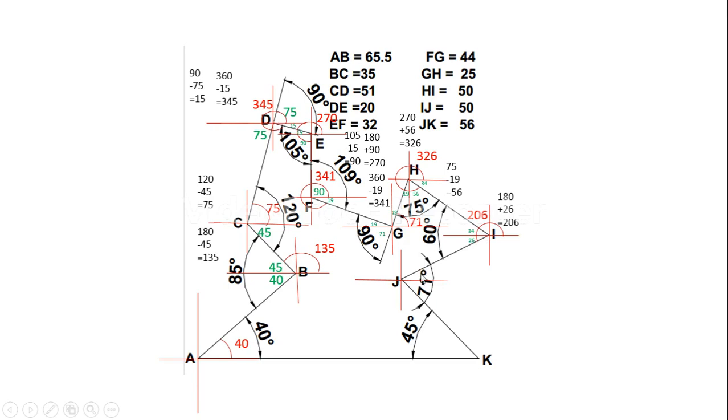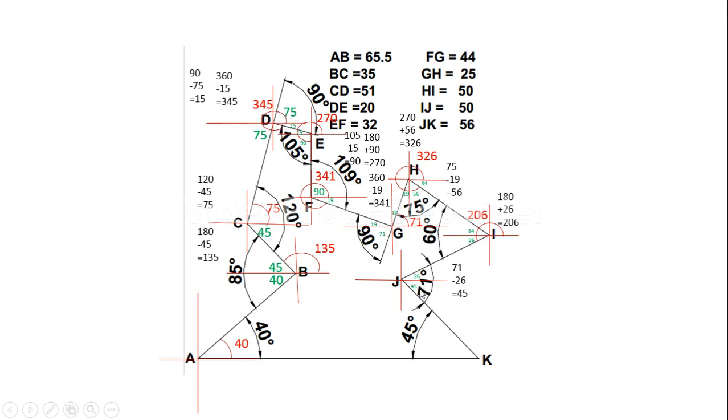If this total angle is 71, what is the remaining angle here? It will be 71 minus 26, which is 45.